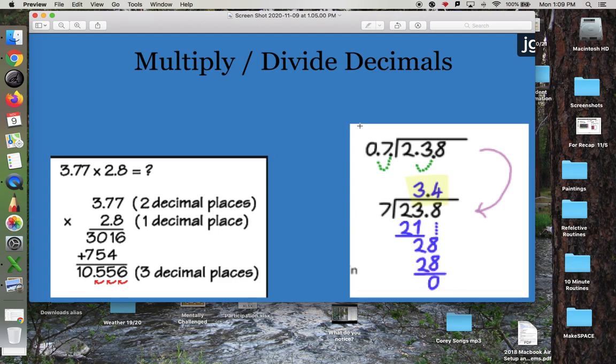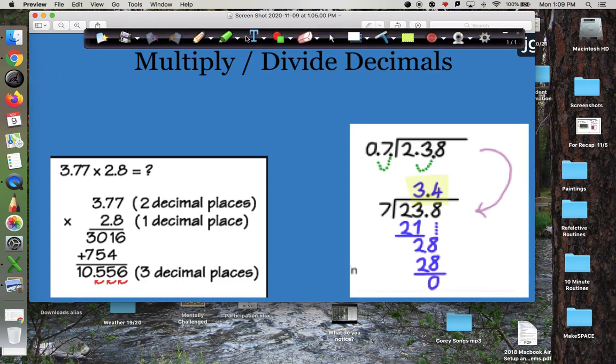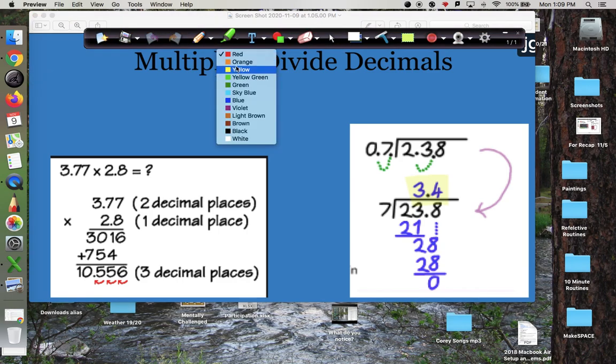So for example, if we say, let's ignore this decimal, and we're just going to treat 3.77 kind of like it was 377, like right here.